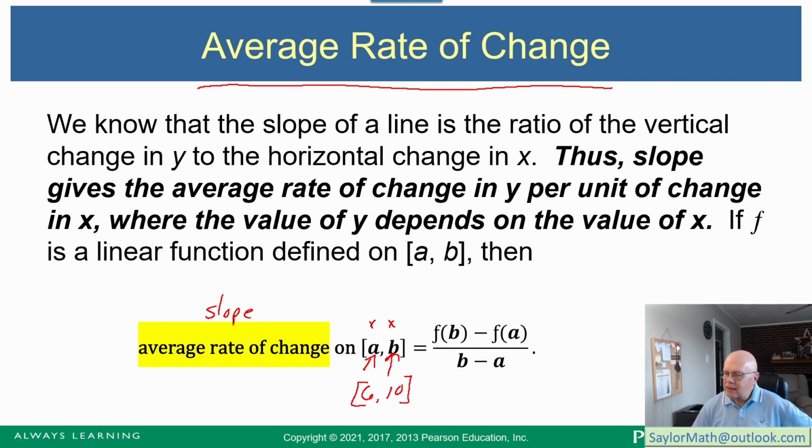Now the way you do that, remember you got 2 points. You got one point that has an x of A. You got a second point that has x of B. Well, what are the y values? Well, the function is going to tell you. We've got a function f that we're talking about here. So what is the y value? It's the function value at A. What is the y value that corresponds to x equals b?